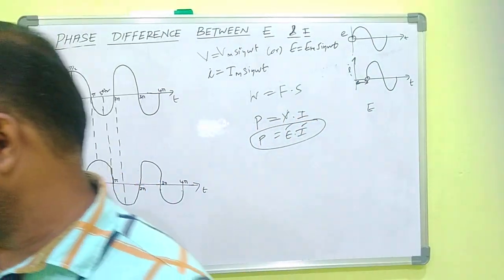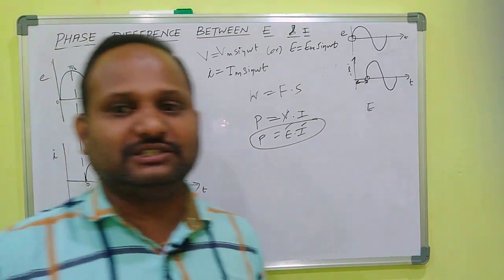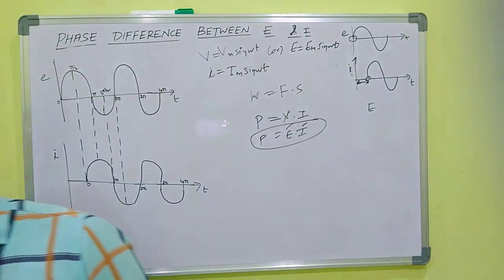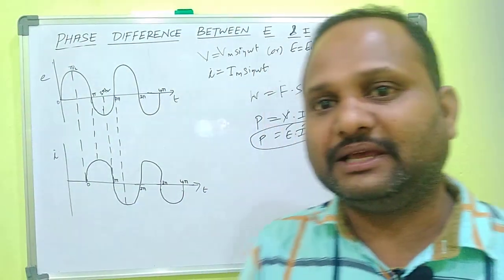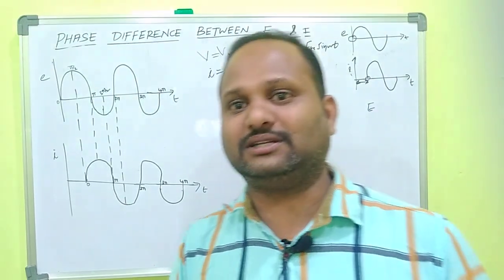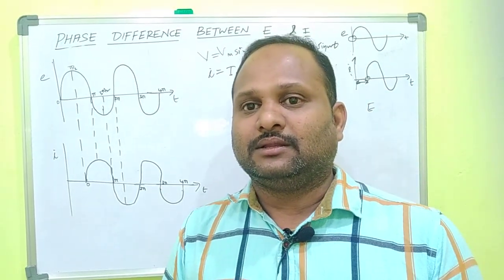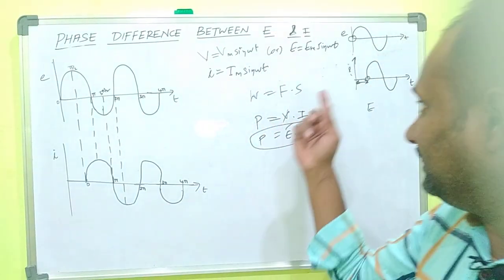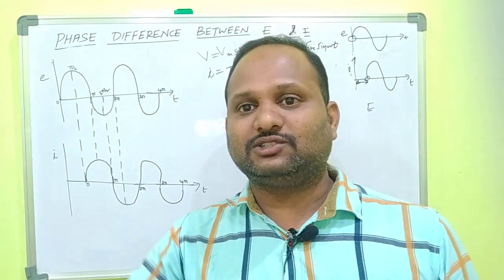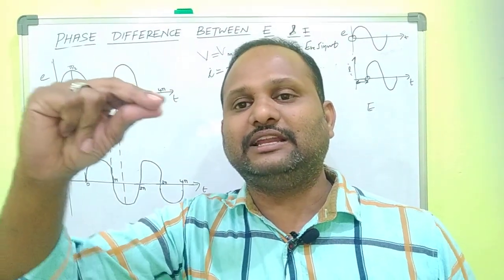But the phase difference between the current and EMF plays a vital role. What is that? The EMF is alternating in nature, that means sinusoidal in nature. Consider this as an indicator of EMF.